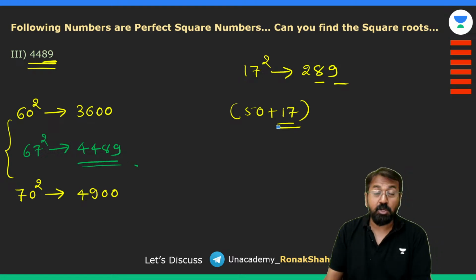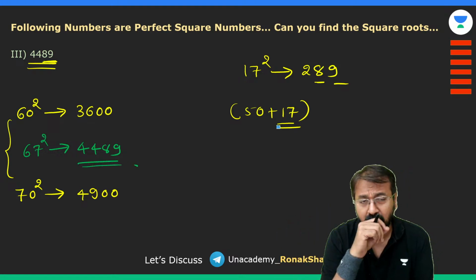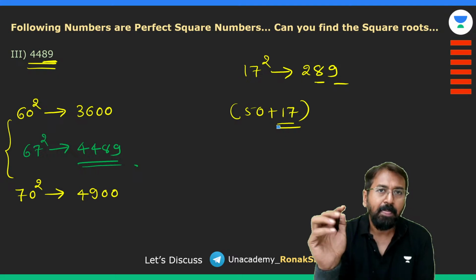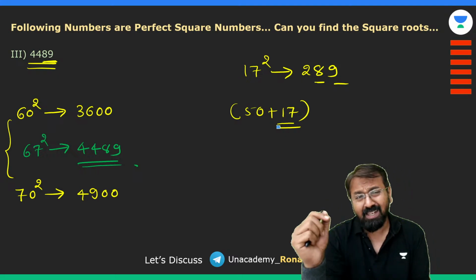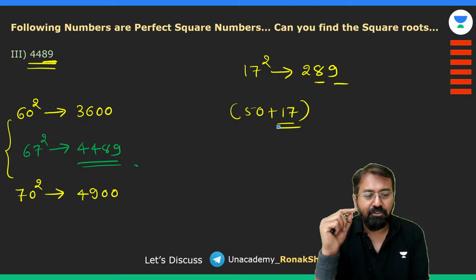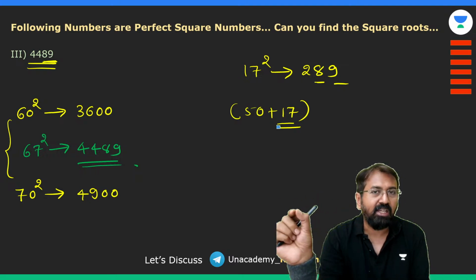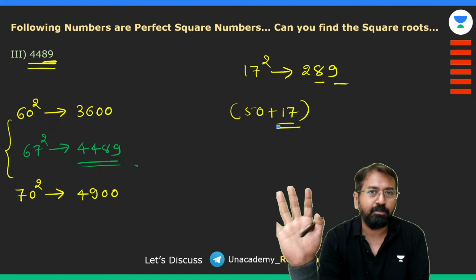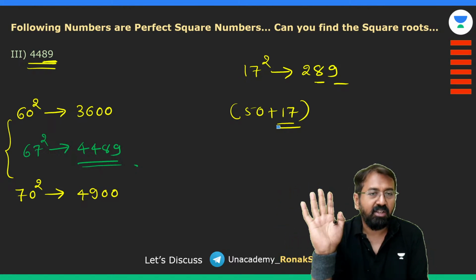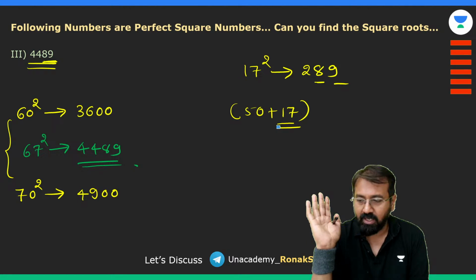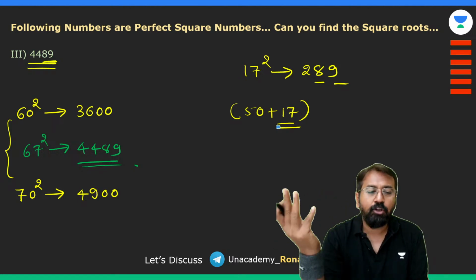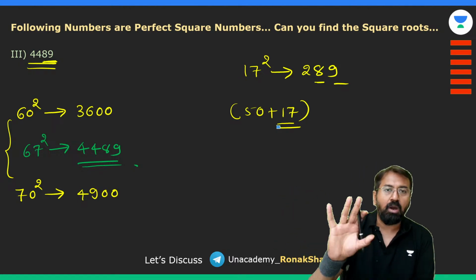Have you understood this? Because we always compare the number with the base, which is 50. And we can make out here 50 plus 17 is 67 and 17 square will end with 89. So by looking at 89, you should be able to make out it should be 67 square.